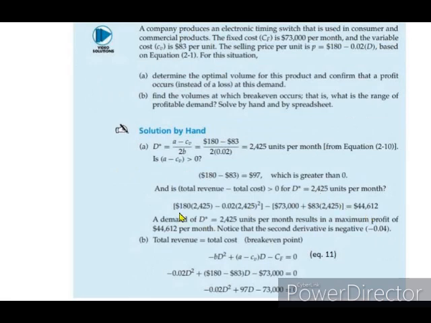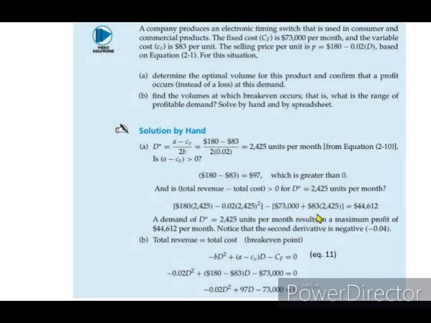Okay, so now we substitute the values for the total revenue. This is the formula for it. For the total revenue, we have the intercept of the price, which is 180, multiplied by the volume of the demand, which is 2,425, minus the slope, or letter B, multiplied by the square of the units per month, or volume, minus the total cost.